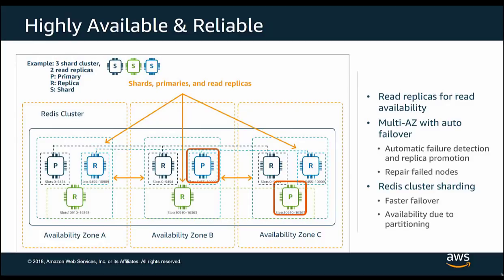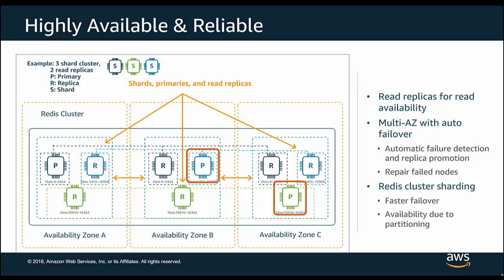From a high availability and reliability standpoint, when we're looking at Redis, for example, we can leverage read replicas for read availability. A lot like what we would do with DAX, where we can have replicas there to scale reads, or with RDS, where we would have read replicas. So we can scale those reads. Those are essentially caches of the same data that you're caching.